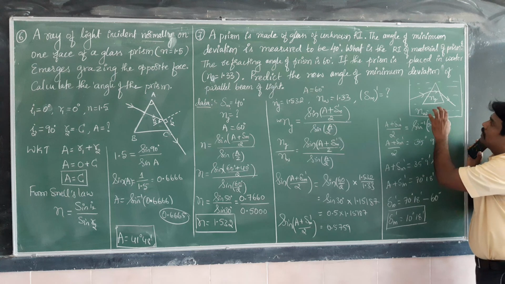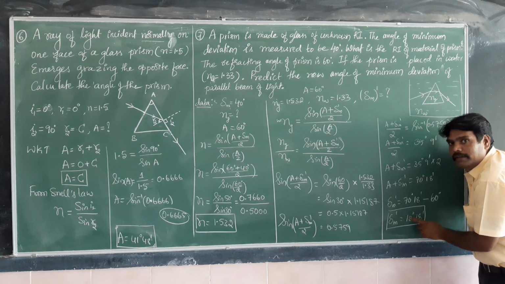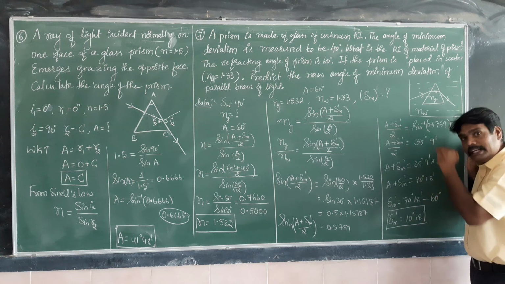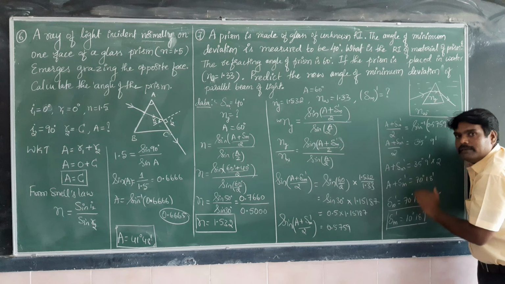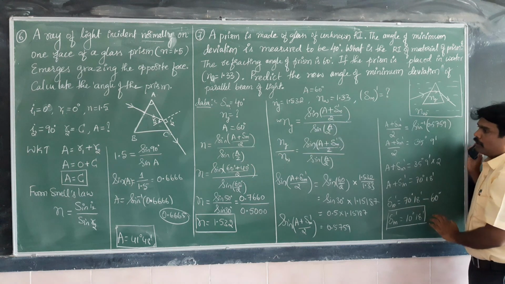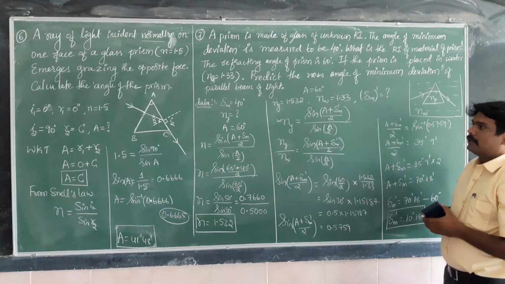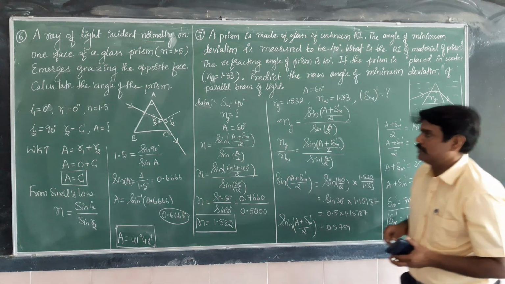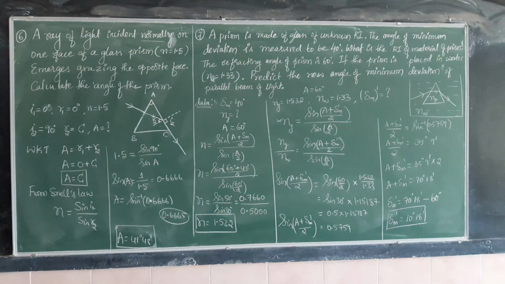So when the refractive index of the surrounding media increases, the angle of minimum deviation produced by the prism decreases. This is the final answer for this problem. So I request the students to copy these problems and submit them to the group.